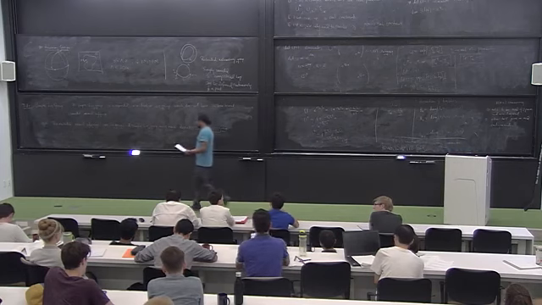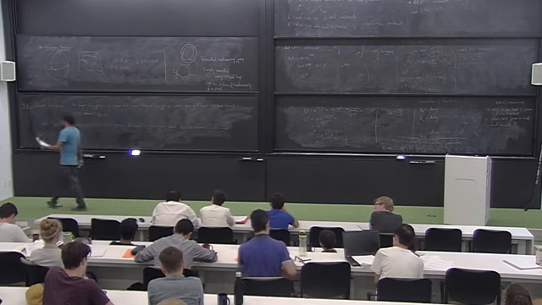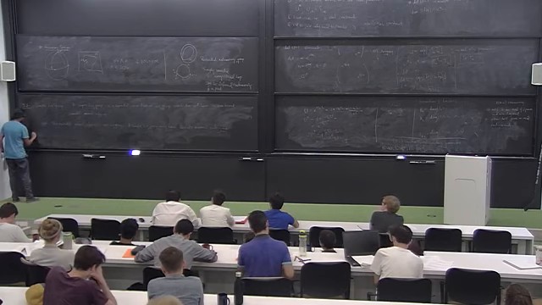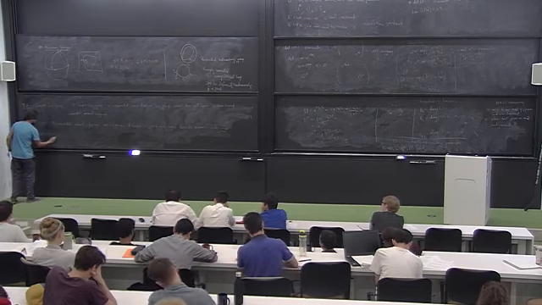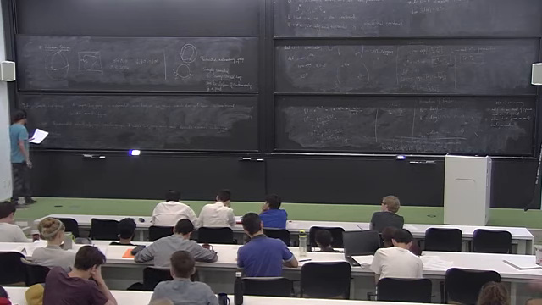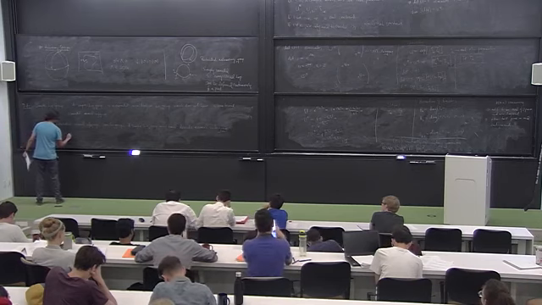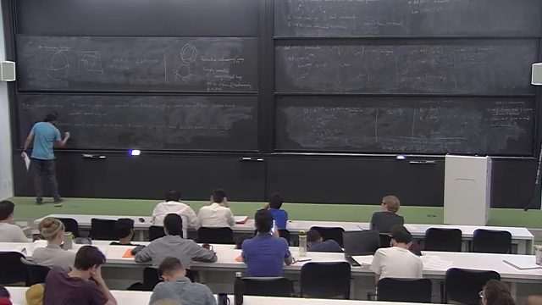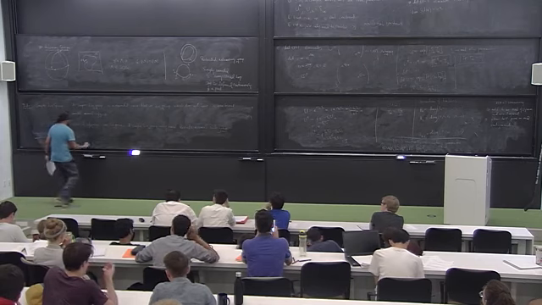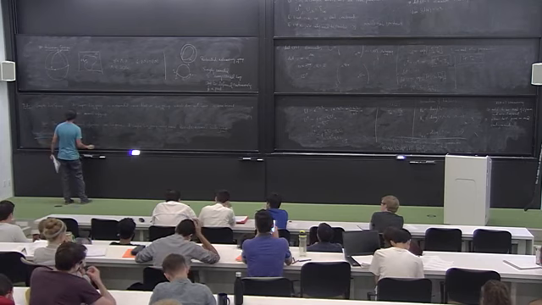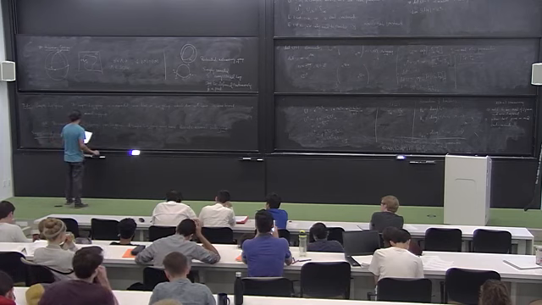Okay, so a related notion is a simple Lie algebra. Suppose we have a Lie algebra, which I denote by G tilde. And K is some subalgebra.